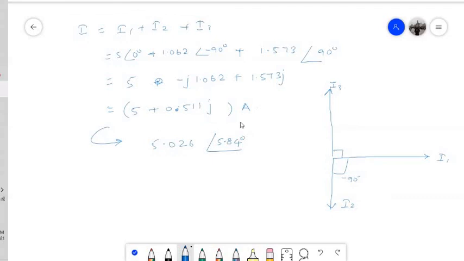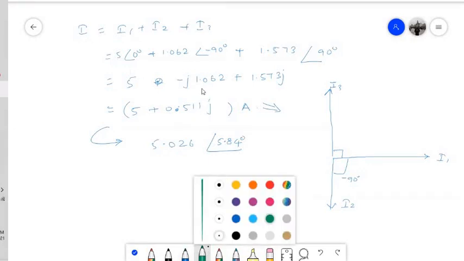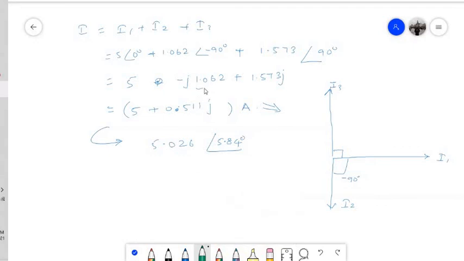Now, if you want to express this in the phasor diagram, this part is your I2, right? And this is your I3. And this is your I1. So this is ultimately I1 plus j into I3 minus I2. So this will be I3 and this will be I2.